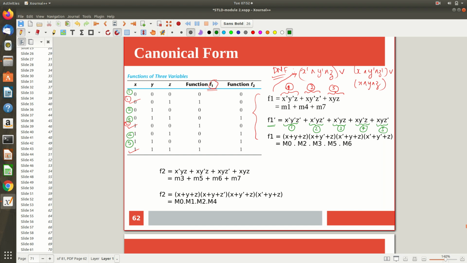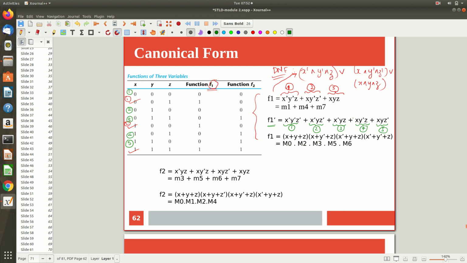Clear? So I can say that when the function is in any of these 5 cases, you can see that the function is giving me a value of 0. So all of them together give me a value of 0 for the function in general, or f1 giving a 0 means f1 complement is giving 1. Clear?